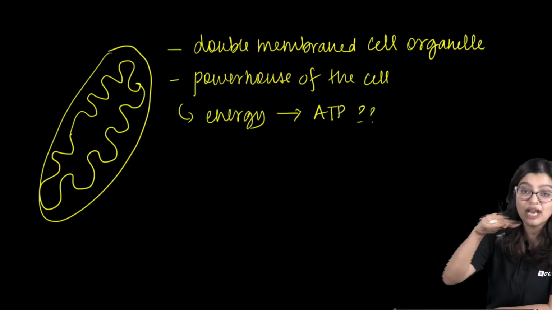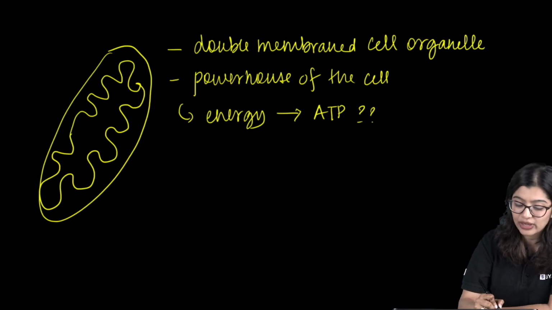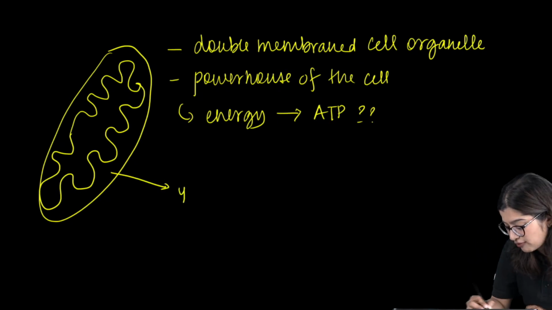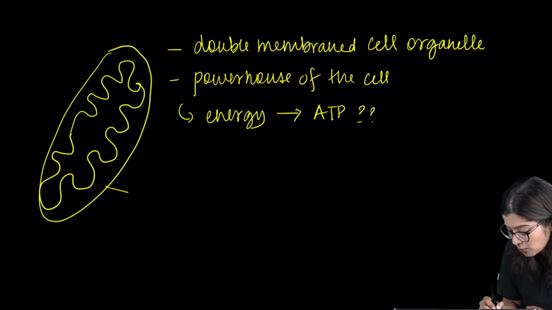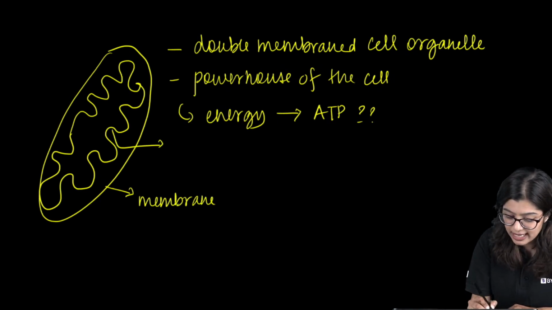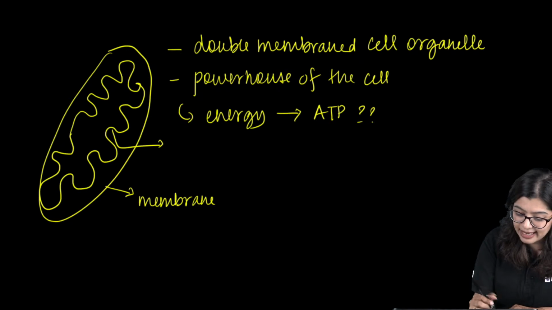The inner membrane is made into finger-like projections. Assuming this was Y, which was marked as the membrane, and this was X, X is pointing towards these finger-like structures.